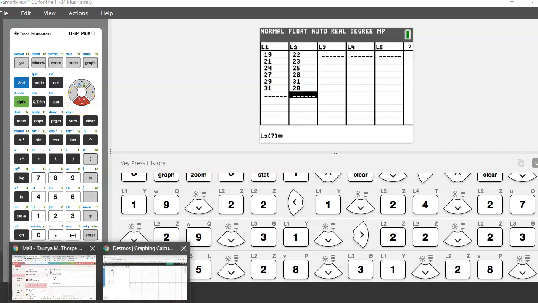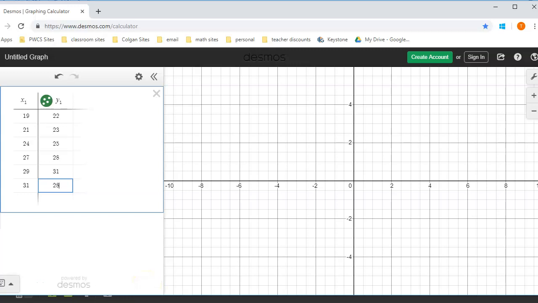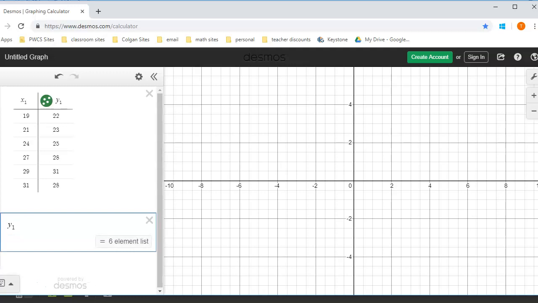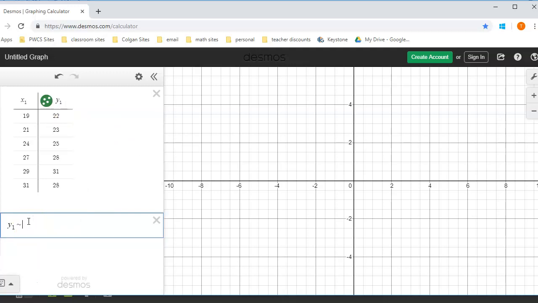So back to Desmos. After you have this, in your next line, you're going to type the following. Y1, Y and then just the number 1. You need to find your tilde. The symbol that looks like this.